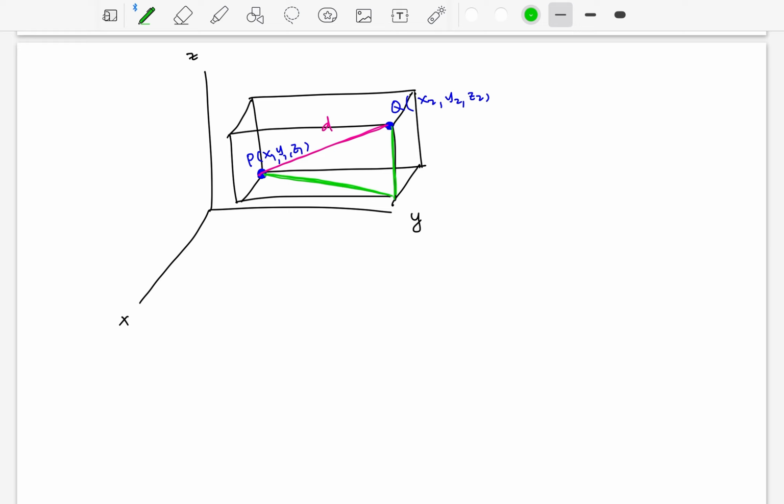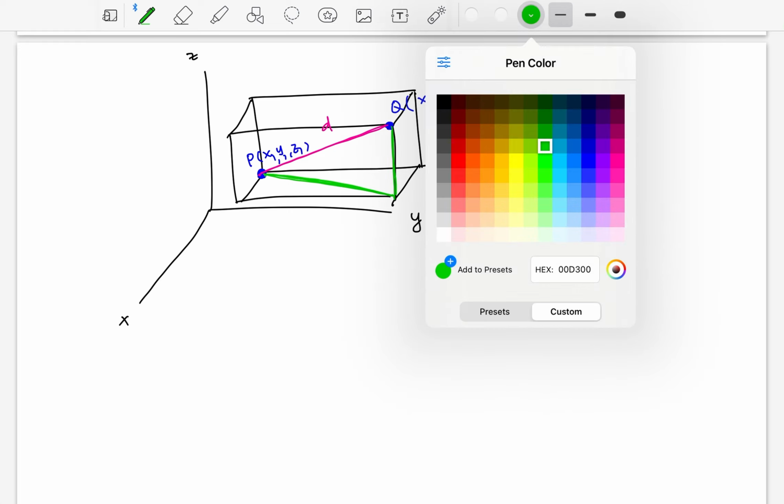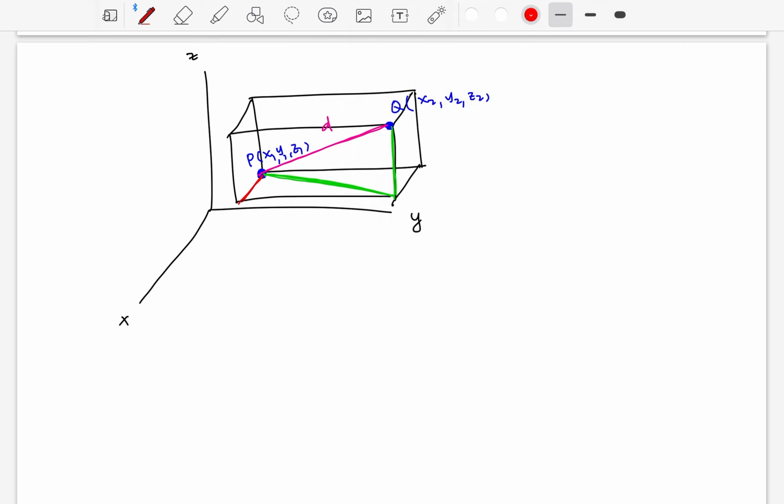So I need this second length, which is the hypotenuse of this other triangle, okay? So let's see what these points are.